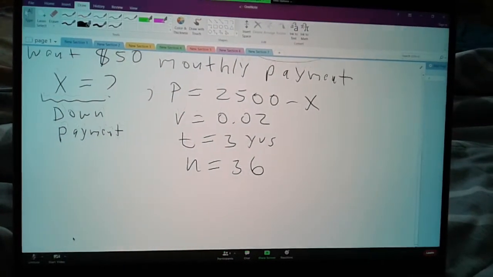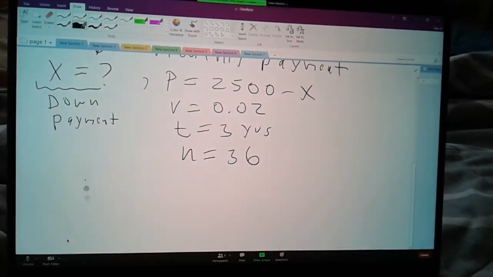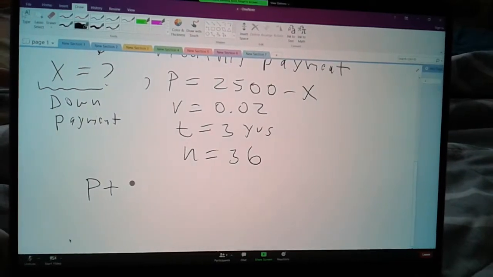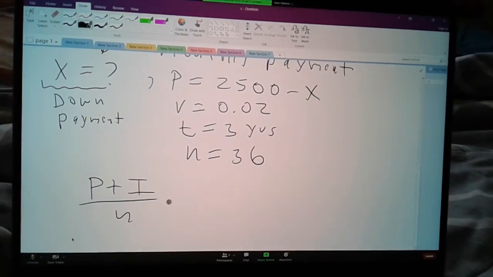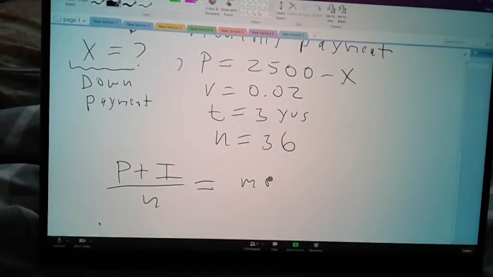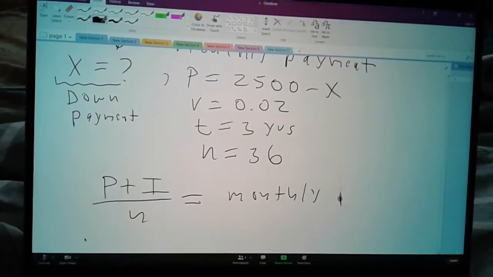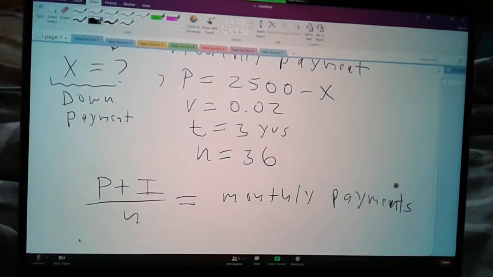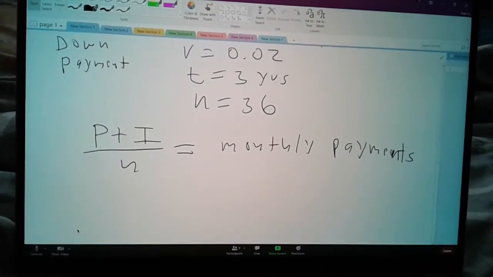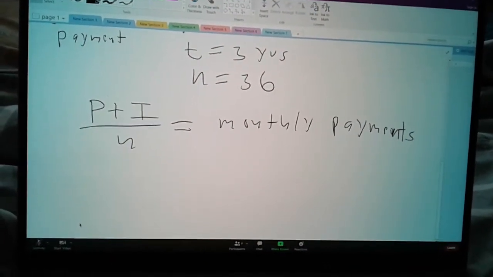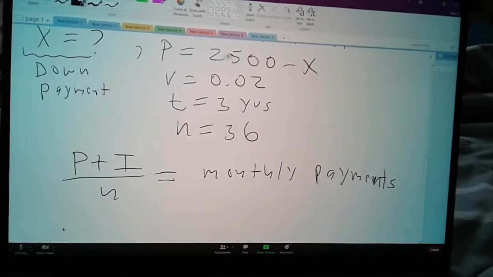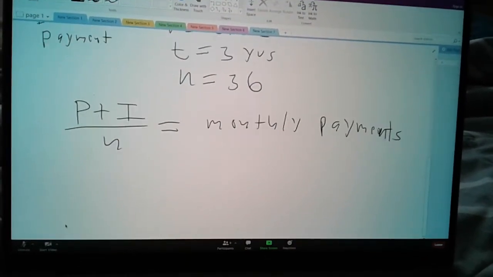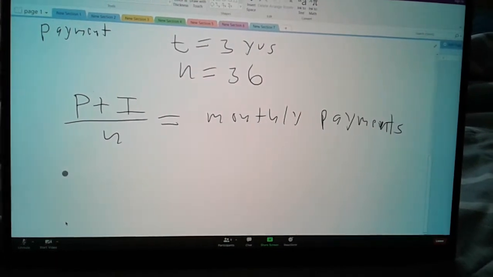So you have to plug into the formula P plus I over N equals the monthly payments. So plug everything in. So have to do a lot of algebra for this one.